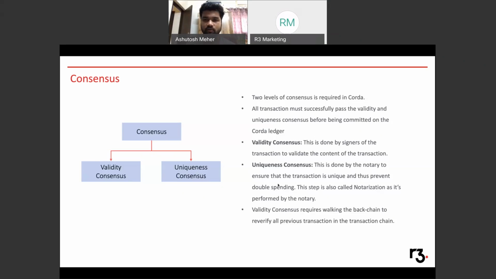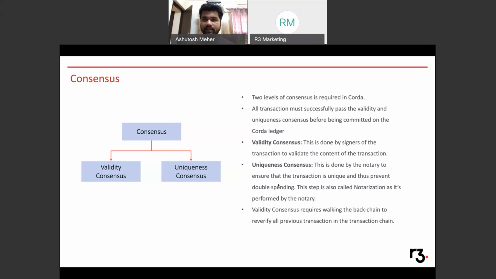Like we just mentioned, Corda uses point-to-point networking, so it doesn't do a global broadcast. Not everyone has all the information. The information is only shared with the few participants who are interested in a particular transaction.